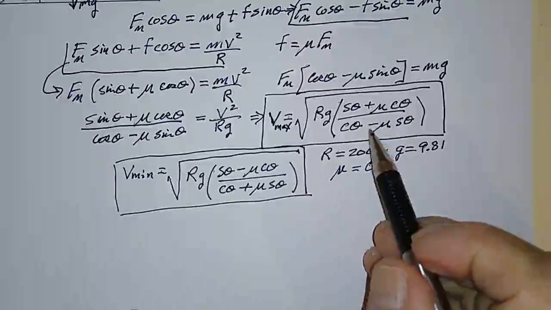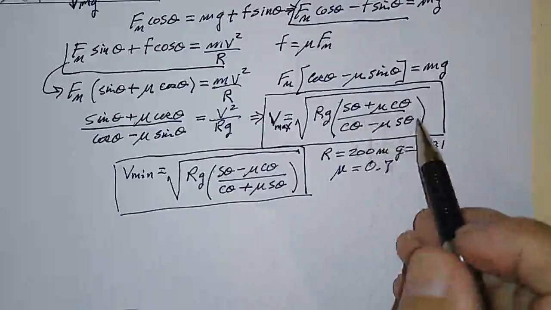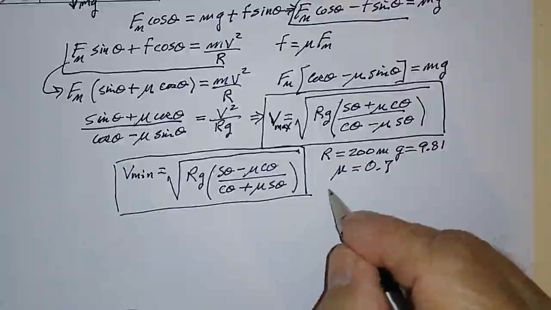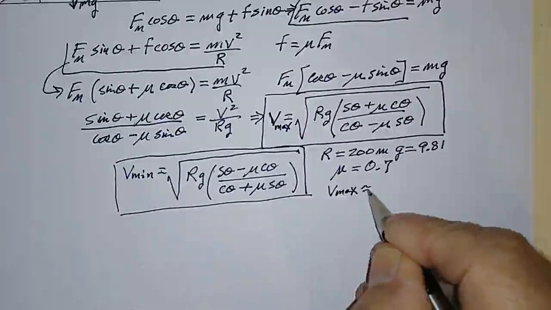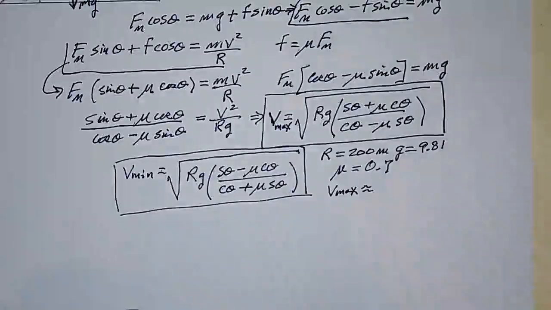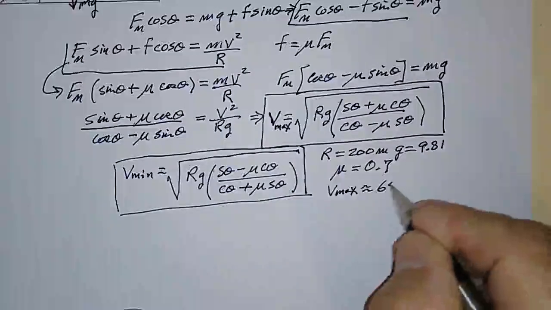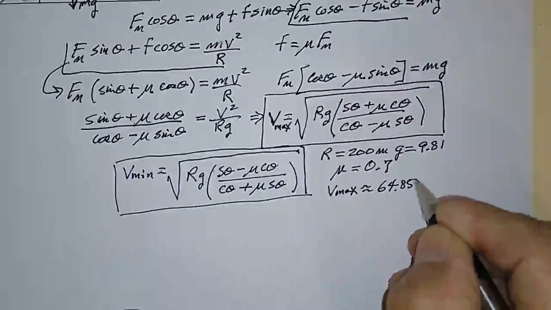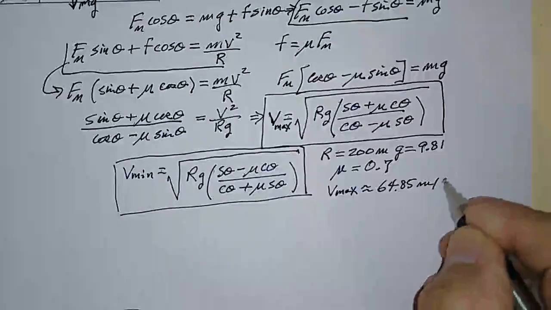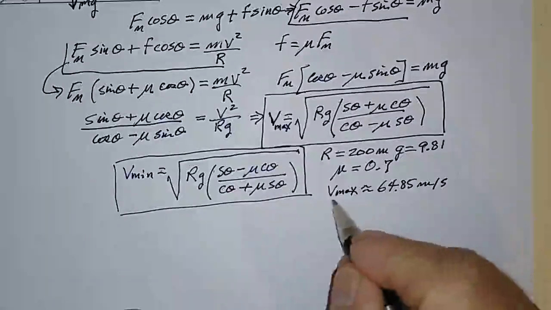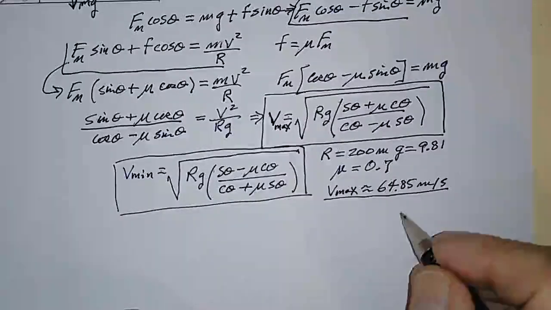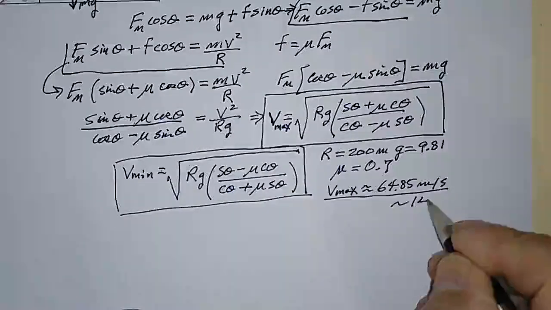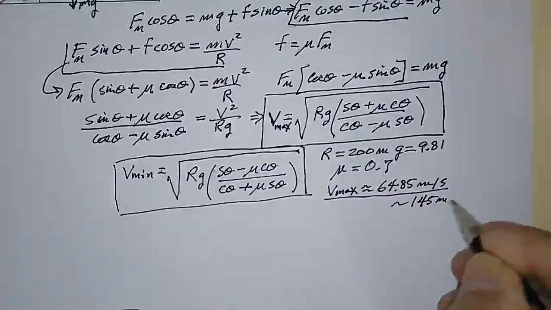When you plug those numbers into this equation right here, you get that V max is approximately equal to 64.85 meters per second. That's the answer for V max. And that works out to be, if you're interested, about 145 miles per hour.